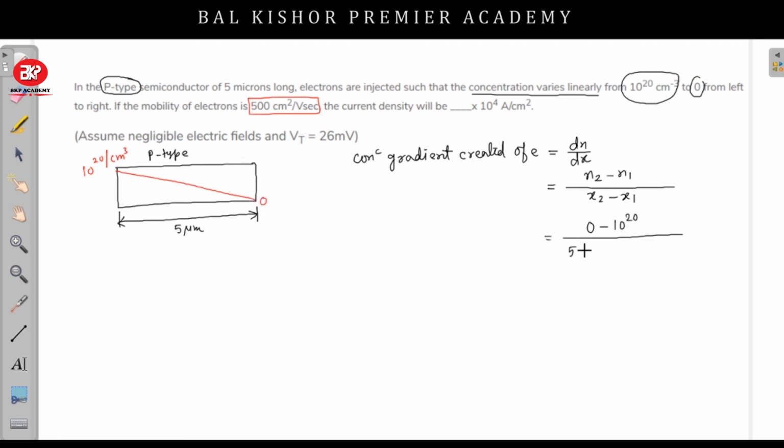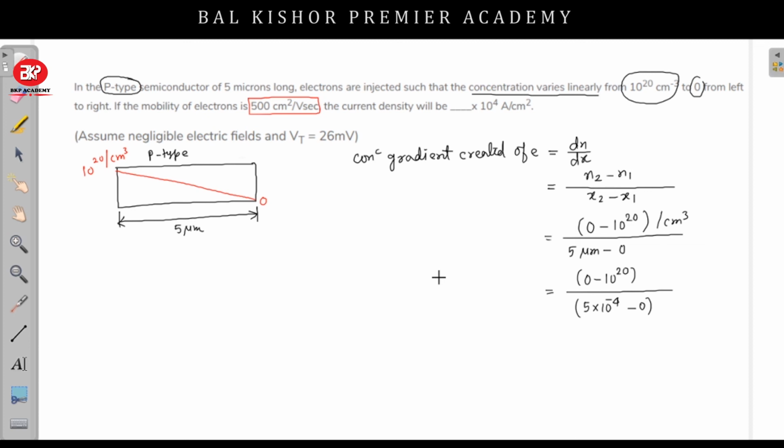So 5 into 10 to the power 5 micrometer minus 0 और यहाँ पे जो मेरा यूनिट्स होंगे that is per centimeter cube. तो मुझे ये माइक्रोमीटर को सेंटीमीटर में कन्वर्ट करना है. सो माइक्रोमीटर को अगर सेंटीमीटर में कन्वर्ट करेंगे तो ये आएंगे minus 10 to the power 20 और ये होगा 5 into 10 to the power minus 4 अभी सेंटीमीटर पे है minus 0. So this will be the concentration gradient.